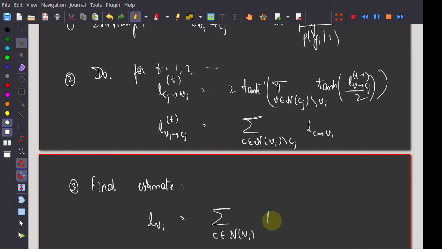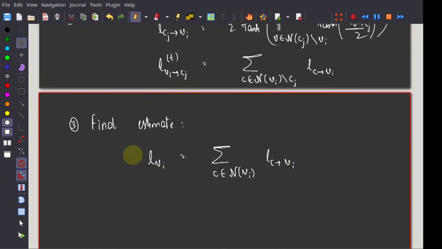I sum all the incoming messages, okay, to get this quantity L_vi, right? So this is sort of the log likelihood ratio, right? So declare x_i hat to be equal to 0 if L_vi is greater than 0 and 1 if L_vi is less than or equal to 0. Basically, if the log likelihood ratio is greater than 0, then you declare it as 0. Otherwise, you declare it to be 1.